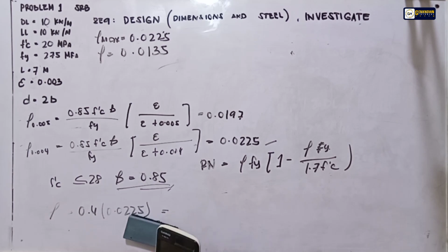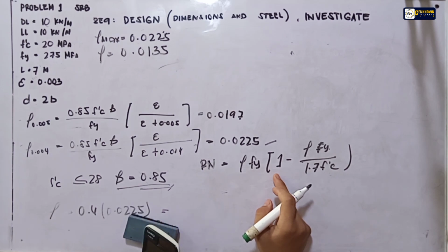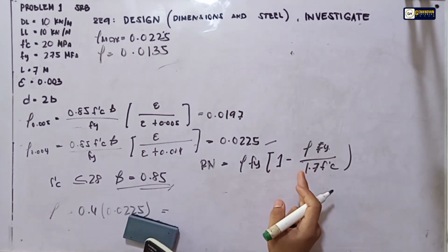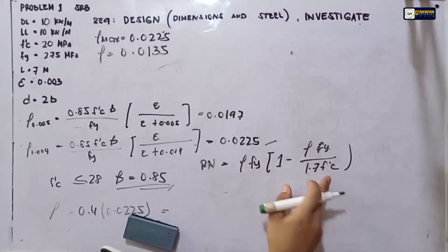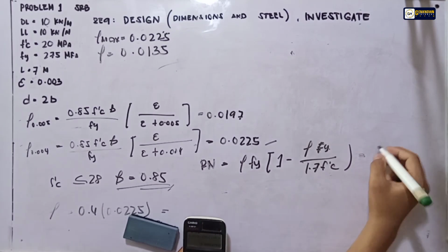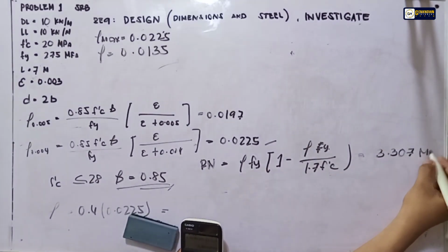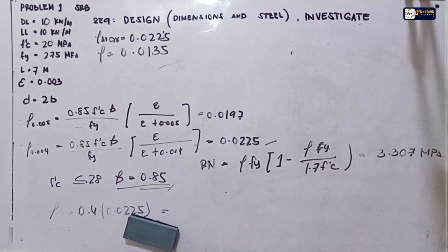multiplied by 275 multiplied by the quantity of 1 minus 0.0135 times 275 over 1.7 of 20 megapascal. So ang Rn is equal to 3.307 MPa. Okay?